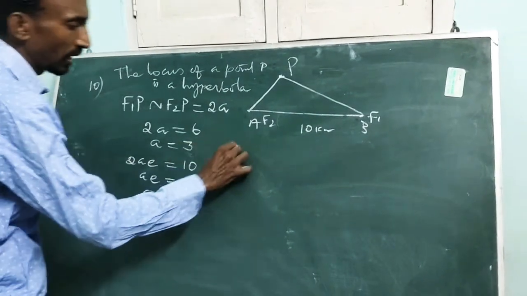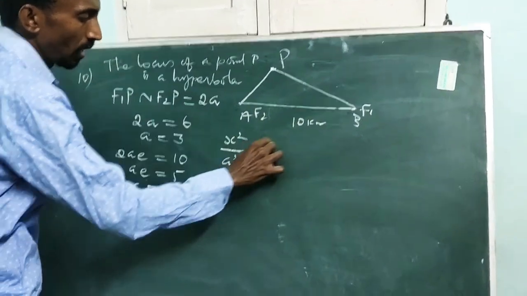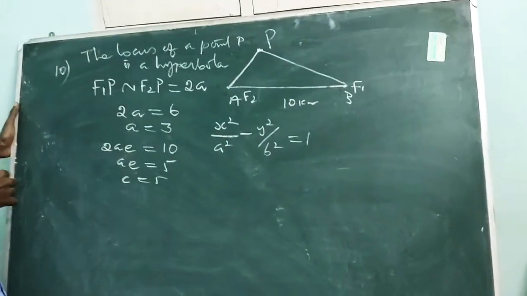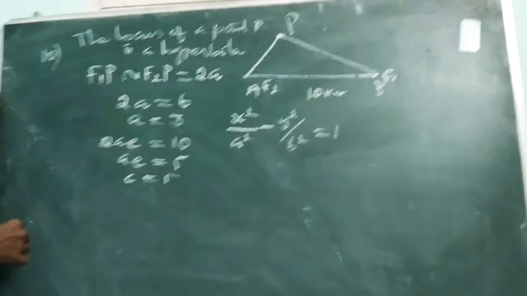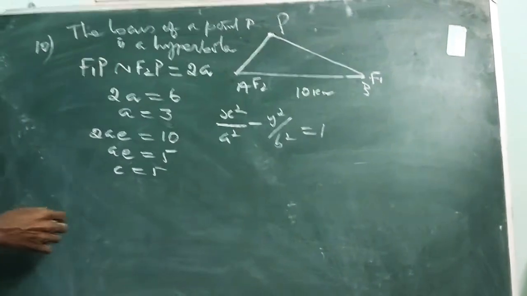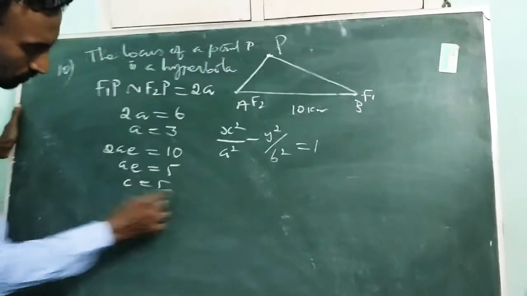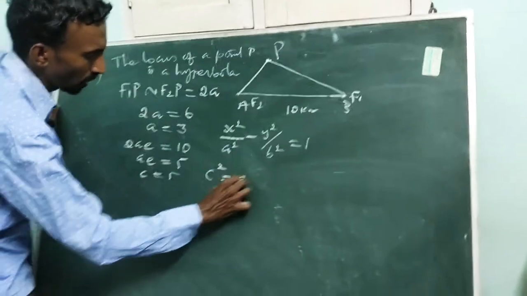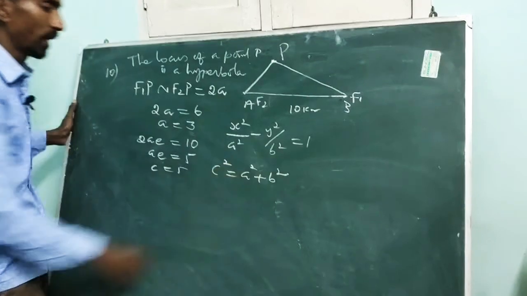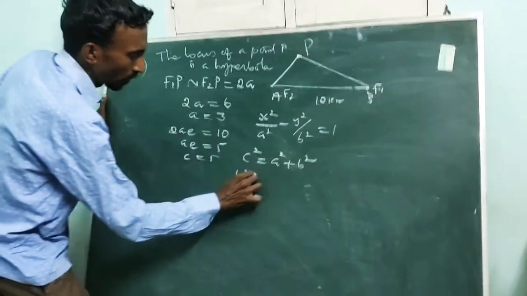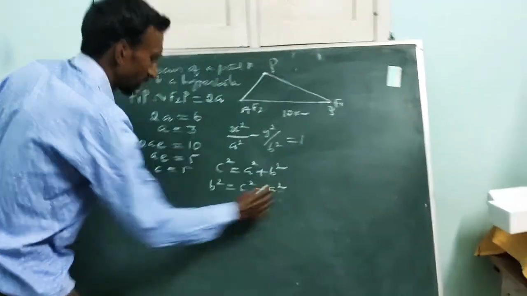So we know the equation x square by a square minus y square by b square equal to 1. Already we know the a value, so our aim is to find out b square value. So c square equal to a square plus b square. Okay, so b square equal to c square minus a square.